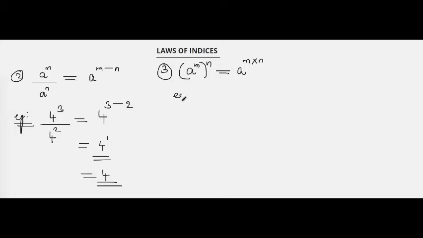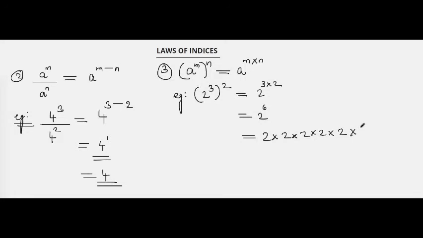So for example, if I write 2 to the power of 3 raised to the power of 2, it simplifies as 2 raised to the power of 3 times 2, giving you an answer of 2 to the power of 6. And if it has been asked to simplify, you can always write it as 2 times 2 times 2, 6 times you are going to do it, which gives you an answer of 64.